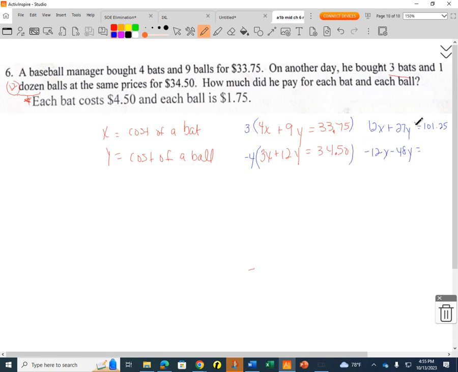And that's negative 138. Now I'm going to add them. My x's go away. And that's negative 21y when I add those together. I think this is negative 36.75. I'm going to double check that I did that right.